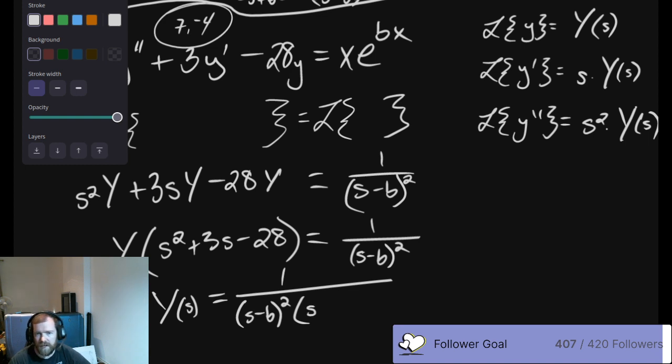It is going to be s plus 7, yeah, and s minus 4. Right, so this is now the y function, and it is in this Laplace transform land. So now we need to get it out.